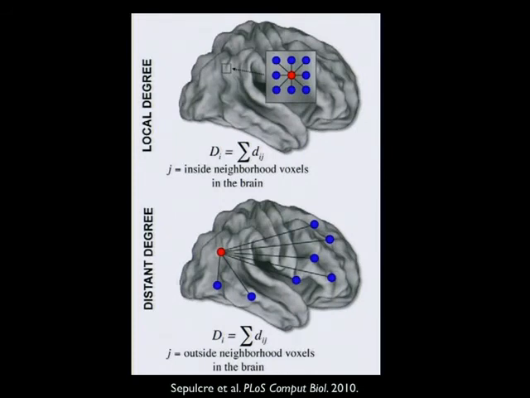And they did a good job of defining a boundary of local connectivity that minimizes things like volume averaging, and then also is distinct enough that it does not represent larger areas.